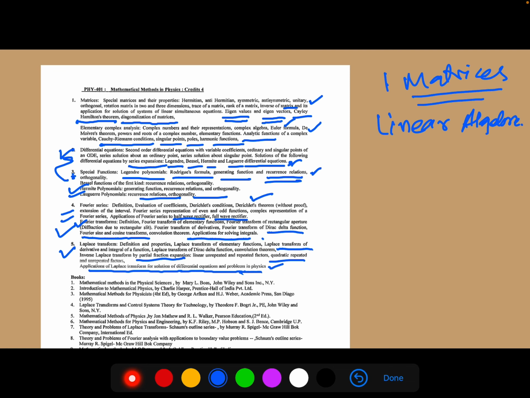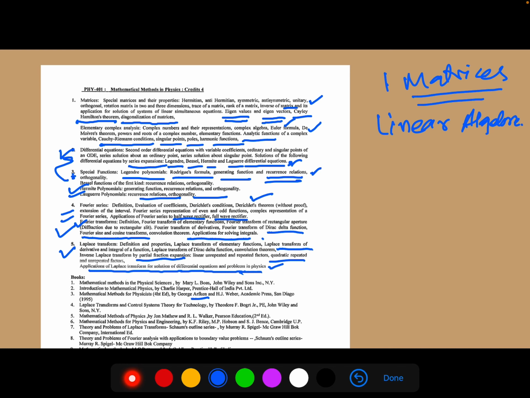Okay. So for this syllabus, we are going to study the following reference books. Mathematical Methods in Physical Science by Mary L. Boas. Introduction to Mathematical Physics, Charlie Harper. Mathematical Methods for Physics by Weber, H. J. Weber or Arfken.